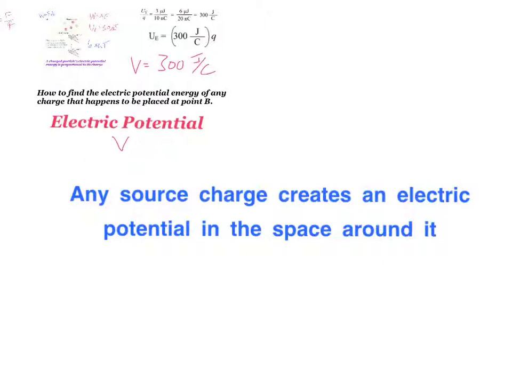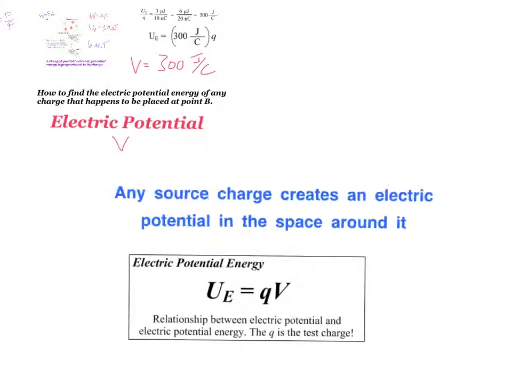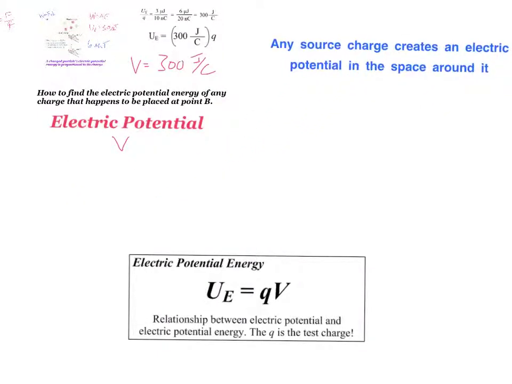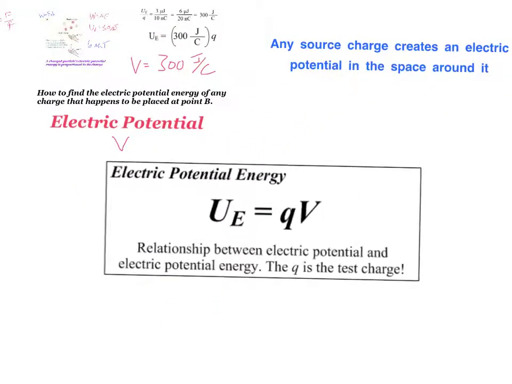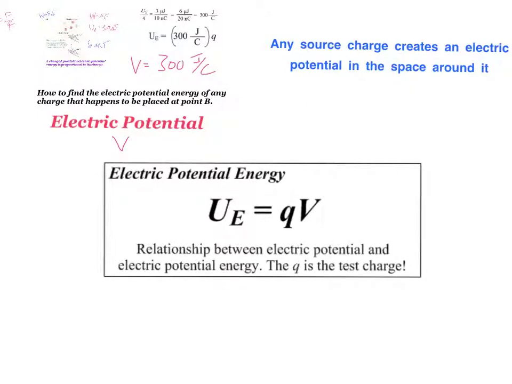So at a point where the electric potential is V, the electric potential energy of a charged particle is UE equals Q times V, where V is that electric potential, UE is electric potential energy, and Q in this case is the test charge placed within that vicinity around the source charge.